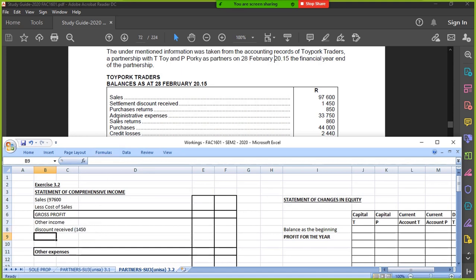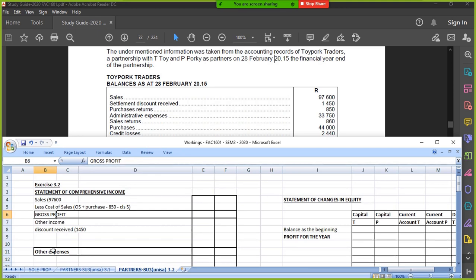Okay, next, purchases returns. Now I need cost of sales in terms of workings. Opening stock plus purchases minus returns. What are the returns here? 850. Yes. Okay, that's basics from 1502.